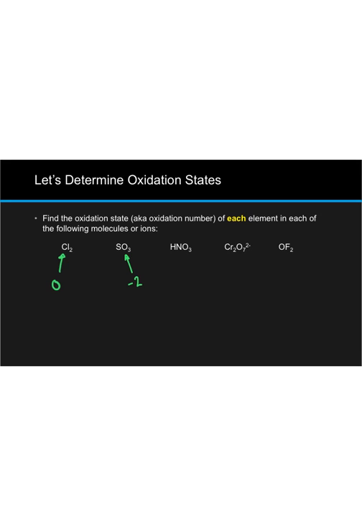There are 3 oxygens, and since there are 3, there are a total of 6 negative charges. The sole sulfur atom has to compensate for all 6 negative charges or negative oxidation numbers by supplying an equal number of positive oxidation numbers. The oxidation state of sulfur, therefore, must be 6+ in this compound.